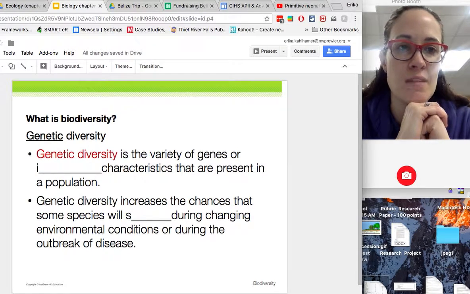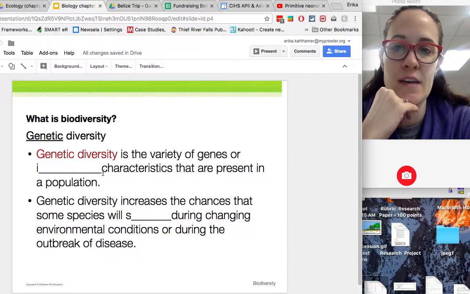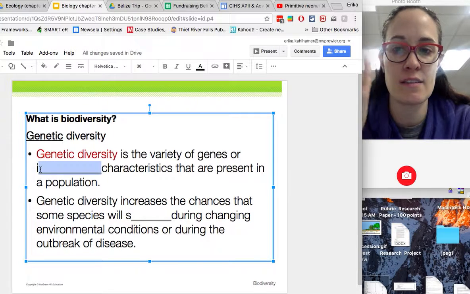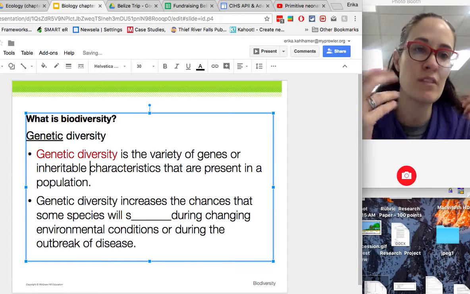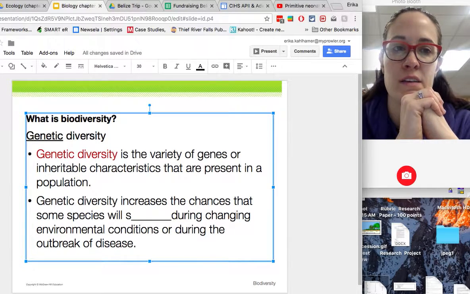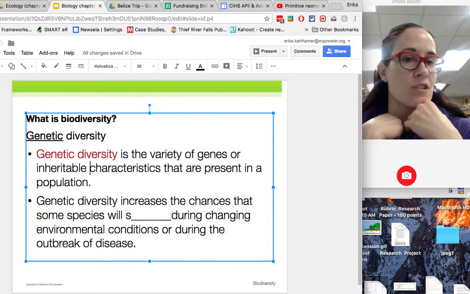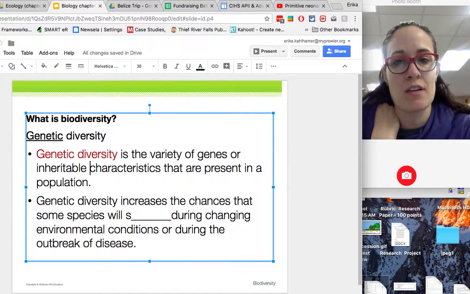The first type is called genetic. And we will learn all about genetics in a different unit. It's inherited characteristics, so inheritable, meaning you receive them from your parents. We're talking about humans. So it's just the variety of different genes that you inherit that are present in a population.